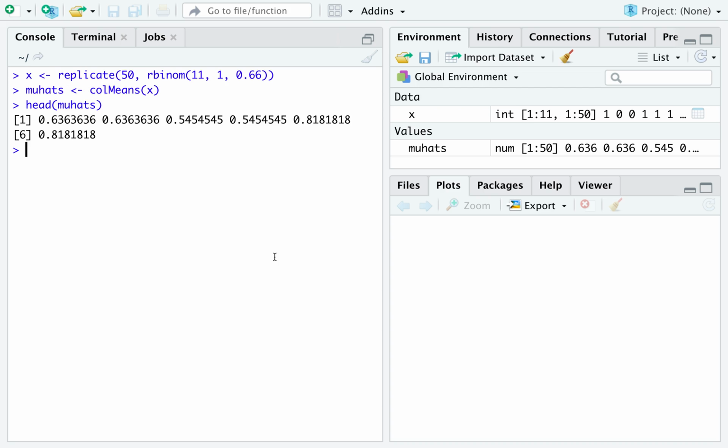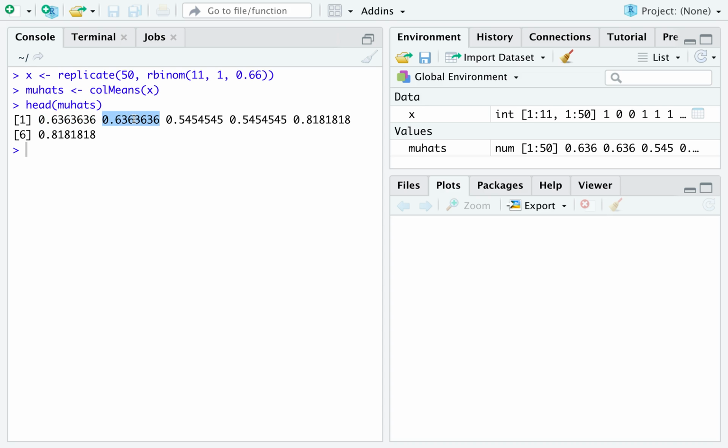Here are the first 6 theoretical ones, like they could happen, even though this is not really how applied statistics works. You only ever take one sample. But theoretically, you could take 50 different samples of size 11 each. And from each one, you could calculate a sample mean.